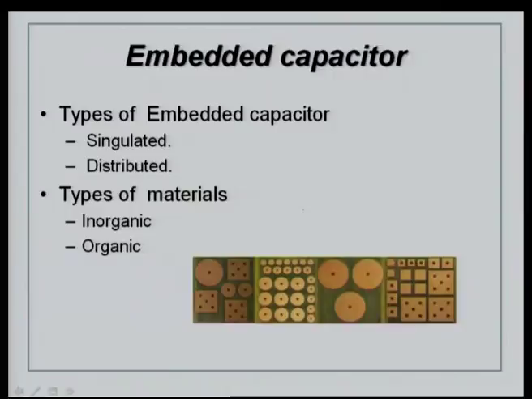What are the types of materials that could be used? Inorganic materials and organic materials. Now, unlike resistors, capacitors need to be understood in a much better fashion, because the applications are varied, the requirements are also varied, and you also have a host of materials that you can employ to realize capacitors.